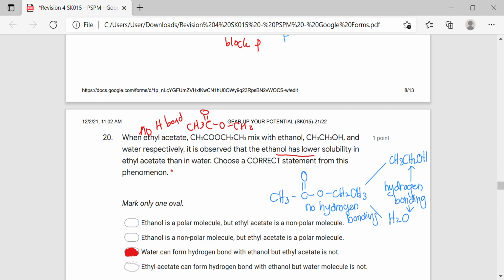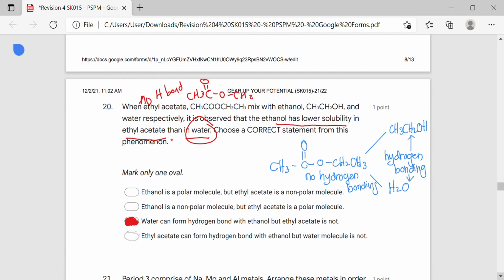Observe that ethanol has lower solubility in ethyl acetate compared to water. Because it cannot form hydrogen bonds between ethanol and ethyl acetate, its solubility is low. But in water, it can form hydrogen bonds. Water can form hydrogen bonds with ethanol, but ethyl acetate cannot. It is only a polar molecule due to the electronegativity of the oxygen.